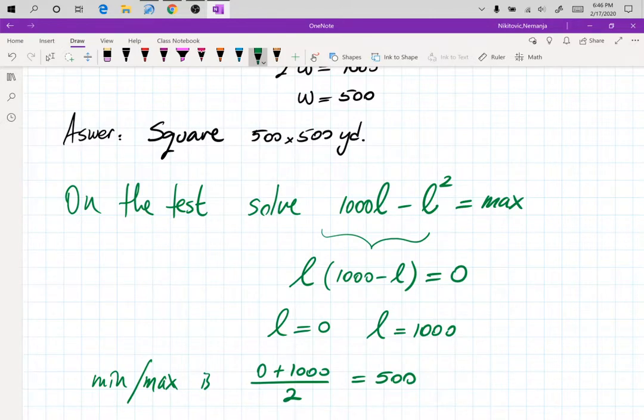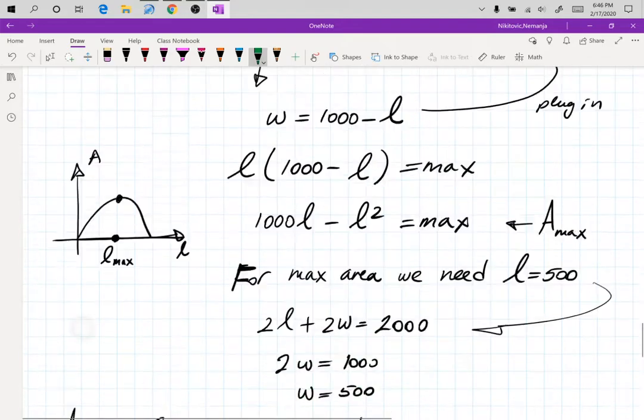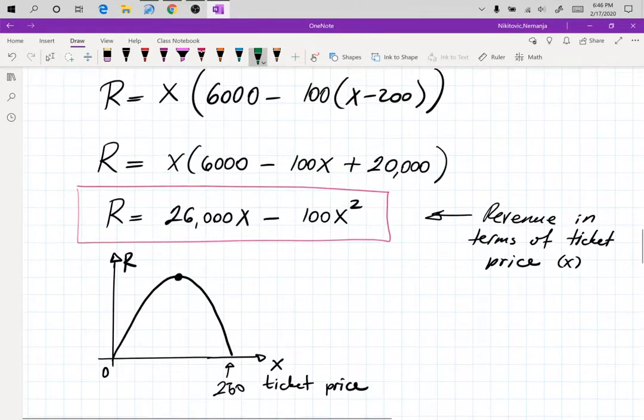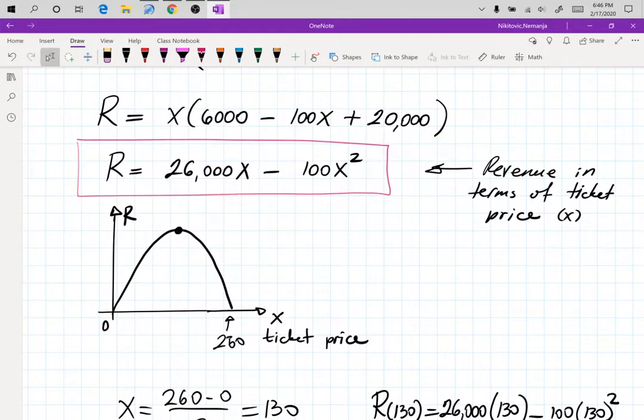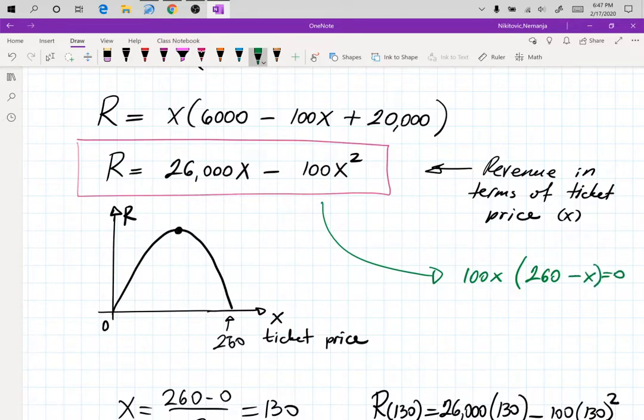So you will always have the same situation. You will always be able to factor out. If we go to the previous example real quick, look what you have. To do the calculation, I'm going to factor out 100x, and that leaves me with 260 minus x. 100x equals 0, x equals 0, and 260 minus x equals 0, x equals 260.